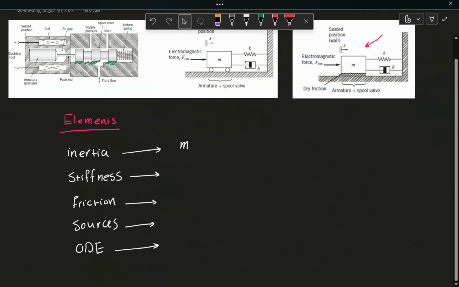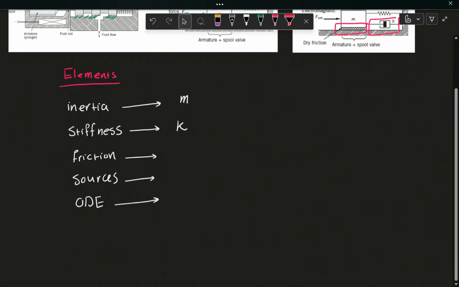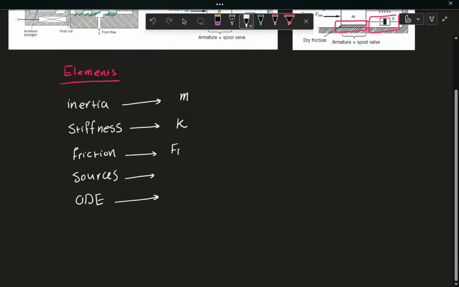Also, my stiffness element is basically the return spring, which I'm going to show with K. My friction elements are first the viscous friction, which I'm showing with a viscous damper, and also a dry friction here. So I have two friction elements, yes? So this is going to be F dry and the viscous damper.